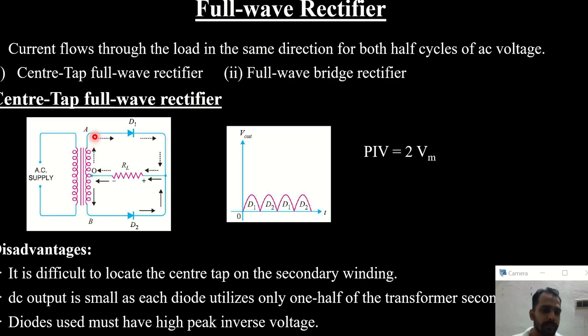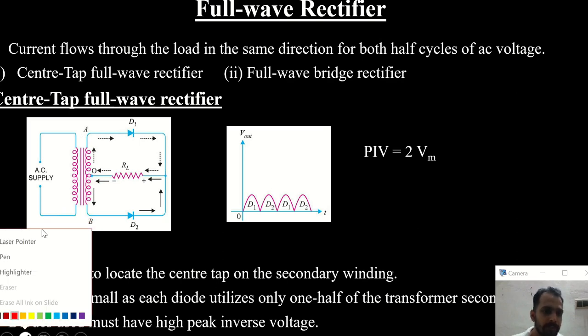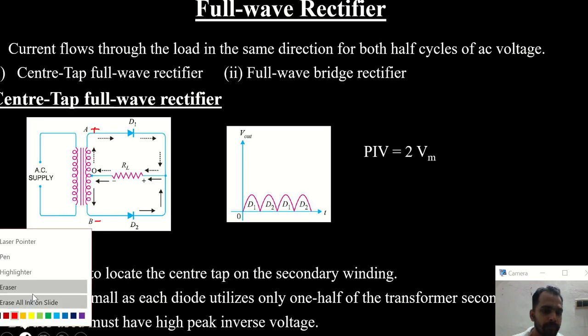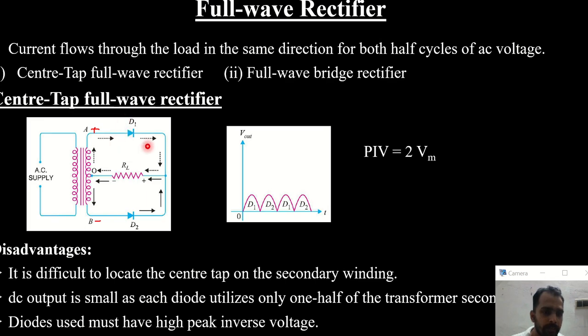During the positive half cycle, say end A is positive and end B is negative. Then diode D1 is forward biased and D2 is reverse biased.